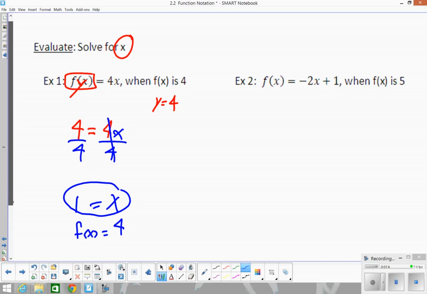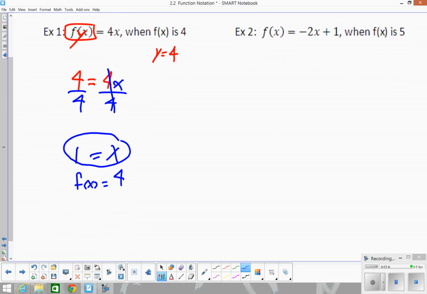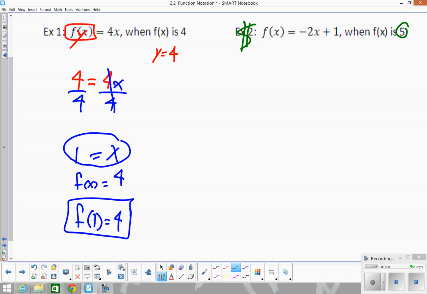So to complete this notation, all I'm going to do is drop that 1 into my notation as f of 1 equals 4. Awesome. Now I'm going to have you try example 2, a money problem. Remember, you're going to take that whole value of f of x and plug it in for f of x there. Awesome.